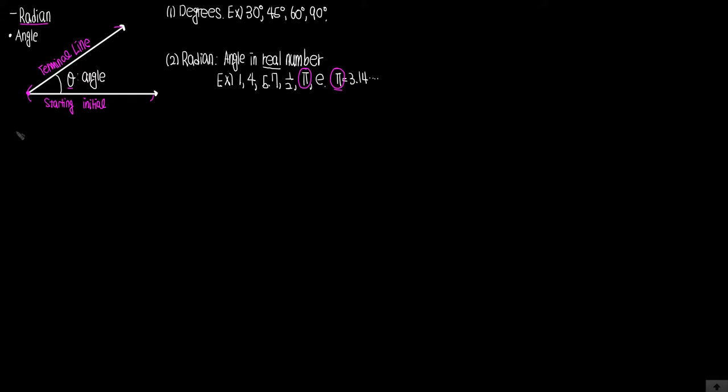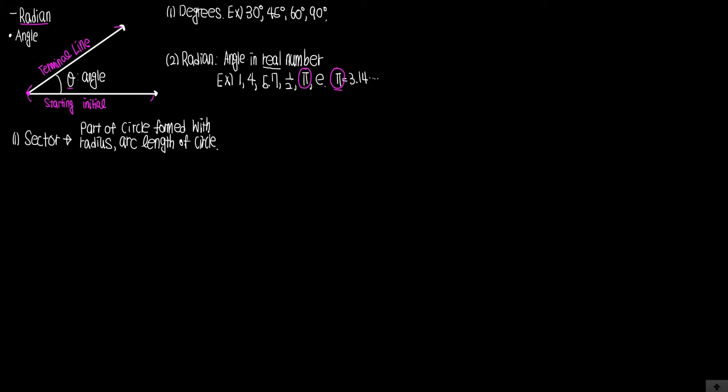And the radian came from this sector, and we already know what this sector is. The sector's definition is the part of a circle formed with the radius and the arc length, which is the circumference for our circle.